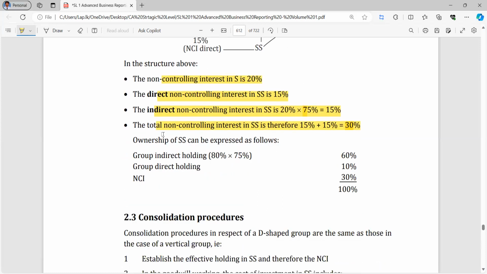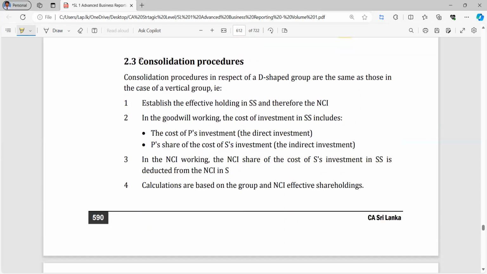The ownership of SS: the group indirect holding is 80% into 75%, that is 60%, and the group direct holding is 10%. The remaining 30% goes to the NCI, and then you get 100%, right? The consolidation procedures in respect of a D-shaped group are the same as for a vertical group. Establish the effective holding in SS, and therefore the NCI.